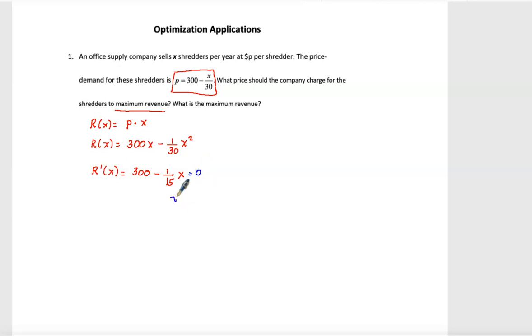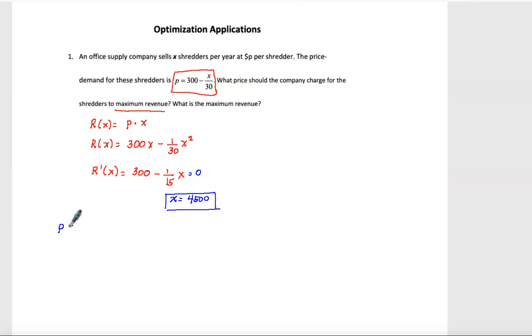And solving for X, we get X is equal to 4,500. So this is the number of shredders that needs to be sold for maximum revenue. To answer the question, at what price?